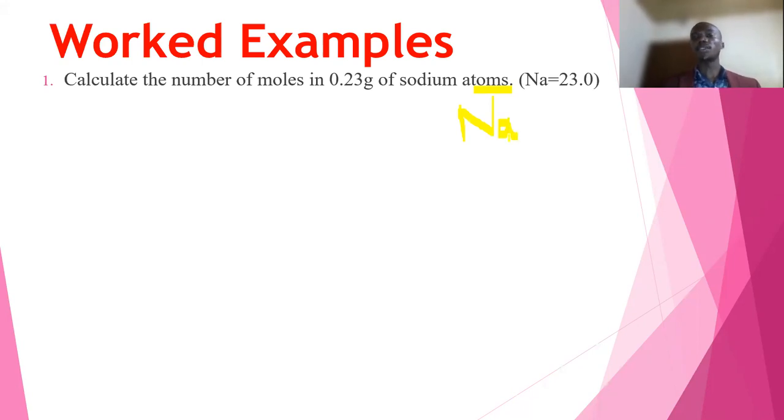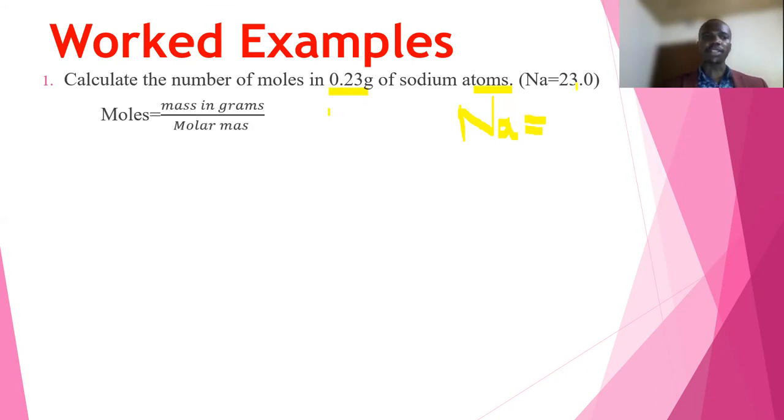That is the sodium atom, and we know that one sodium atom has a molar mass of 23, or 23.0. So how do we calculate moles? We say that moles is mass over molar mass. In this case, mass is 0.23 and molar mass is 23. So it will be 0.23 grams divided by 23.